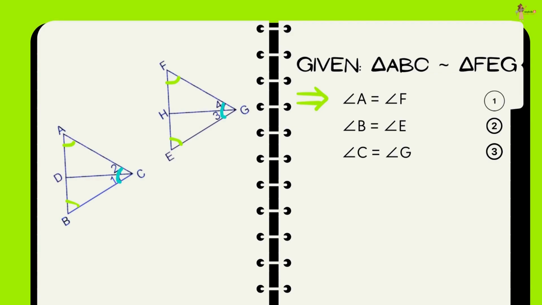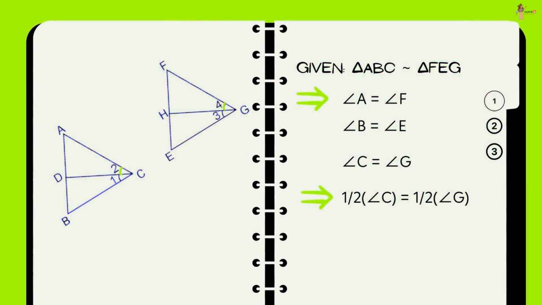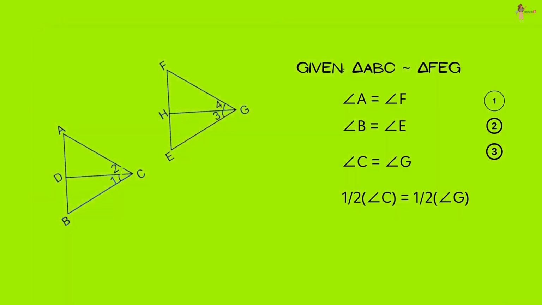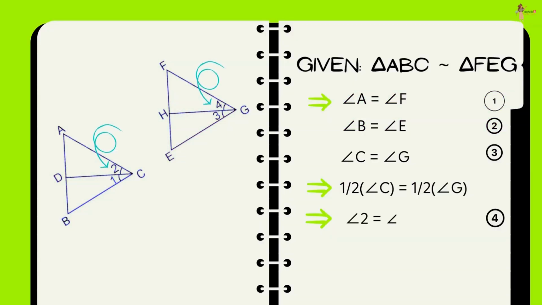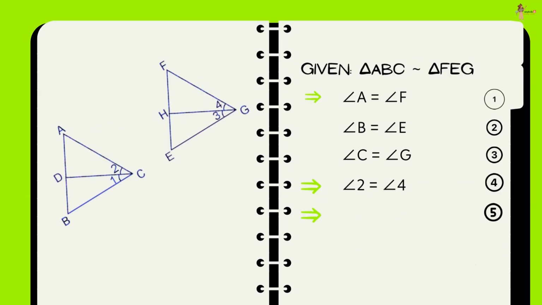Now, this obviously implies that half of angle C is equal to half of angle G. That means angle 2 is equal to angle 4. Also, angle 1 would be equal to angle 3. So, we have these 5 statements or equations that we would be using in our proofs.